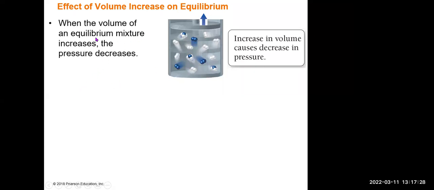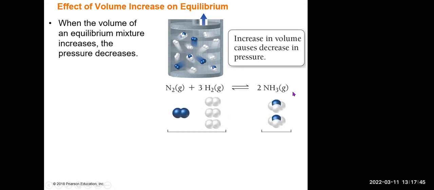When the volume of an equilibrium mixture increases, the pressure decreases. We are again using this equilibrium, N2 gas plus 3 H2 gas produce 2 NH3 gas. Now we'll see what happens if we increase the volume, and which side the equilibrium shifts to. We count all together how many moles of gas are on the left and how many on the right.